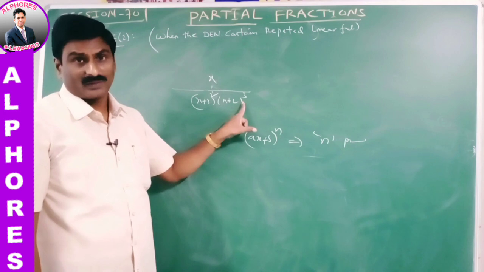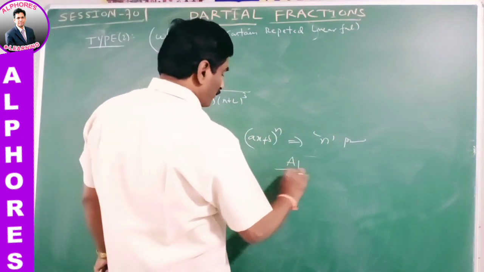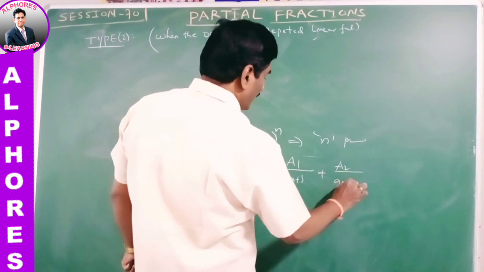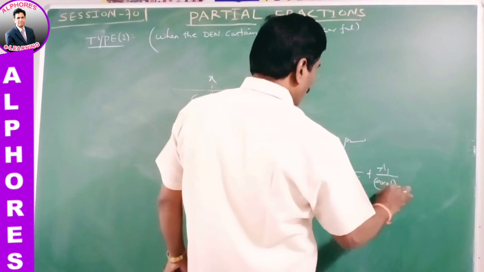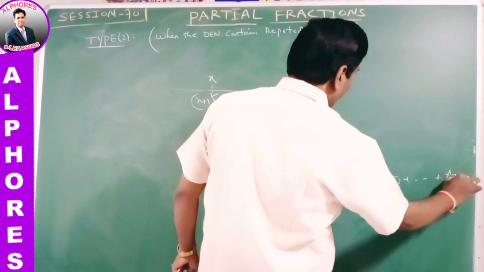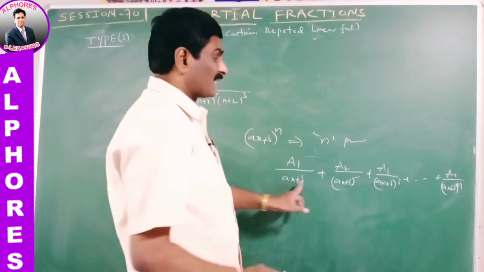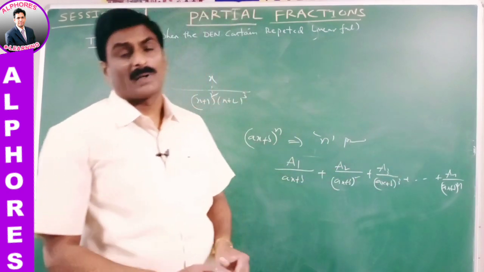In this case, the partial fractions are in the form of a1 by ax plus b plus a2 by ax plus b whole square plus a3 by ax plus b whole cube. What is the last term? an by ax plus b whole power n. After LCM, the LCM is ax plus b whole power n. So by using this, we find the partial fractions.